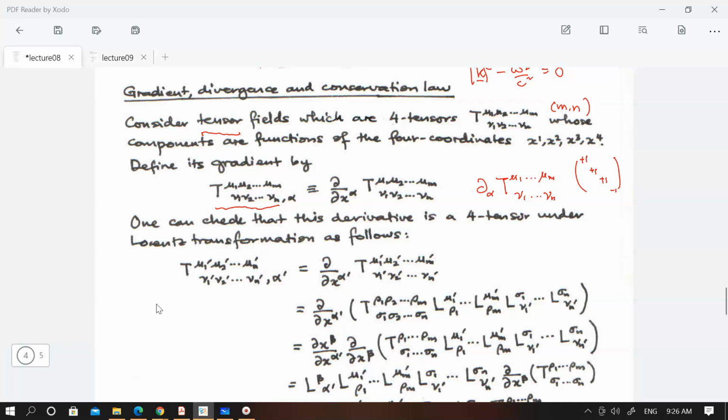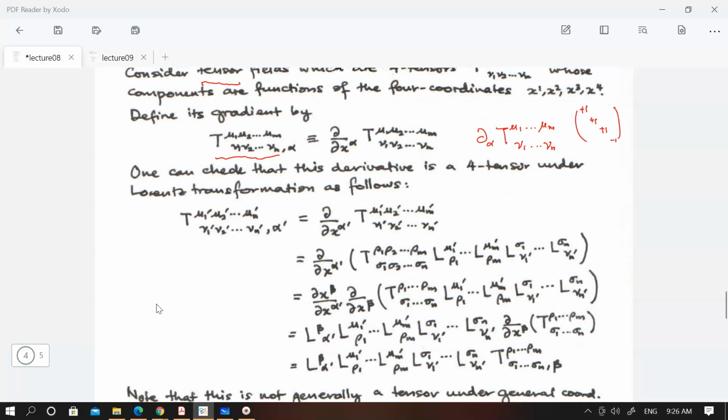So in other words, this will transform according to this line. You have the Lorentz matrix m times, and then the inverse Lorentz matrix n times, contracting on these indices.